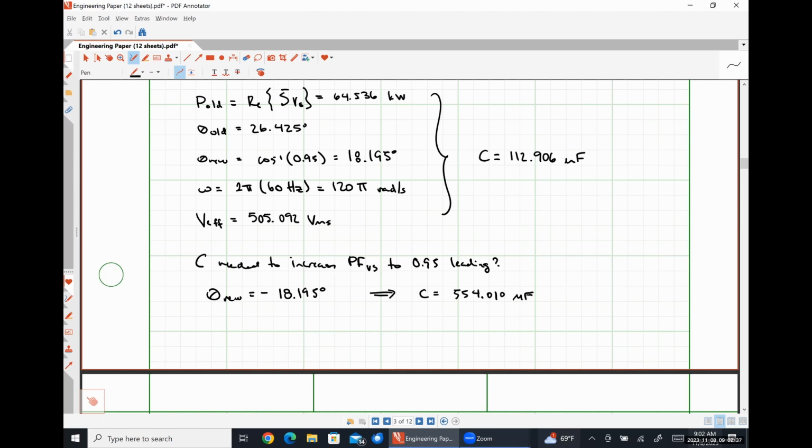Significantly larger capacitor value, roughly 5 times as large, which generally would be 5 times more expensive.